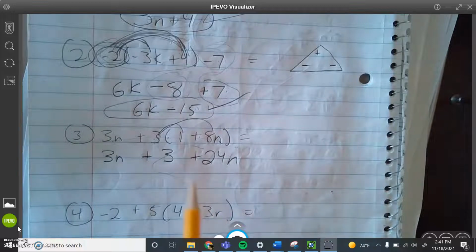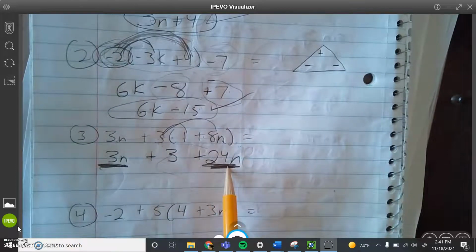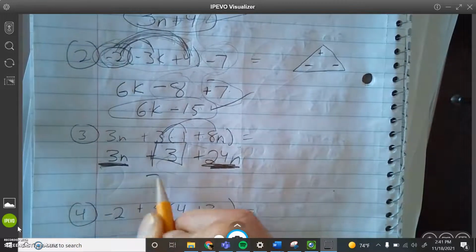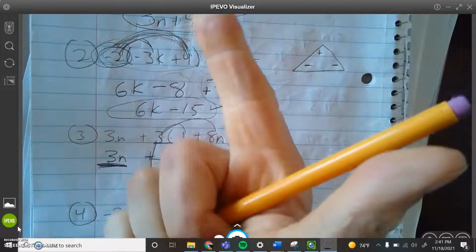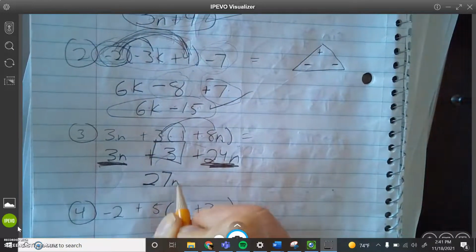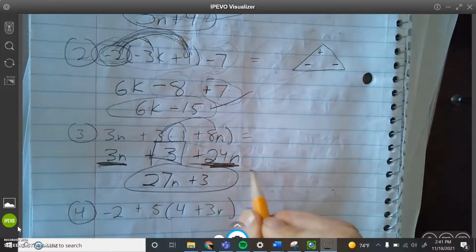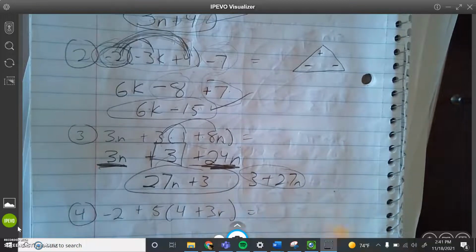Okay, step 2, combine like terms. 3n, 24n, and then I got this 3 right here. So that's going to be 24 plus 3, 25, 26, 27. Count your fingers if you want. 27n plus 3. There you go. Or you can do 3 plus 27n, because when you add, the order doesn't matter. Both answers are correct.